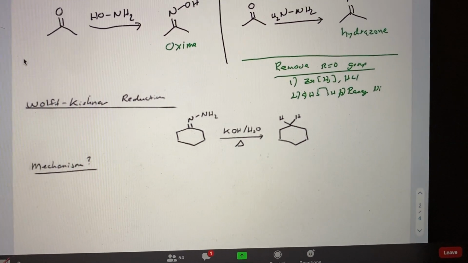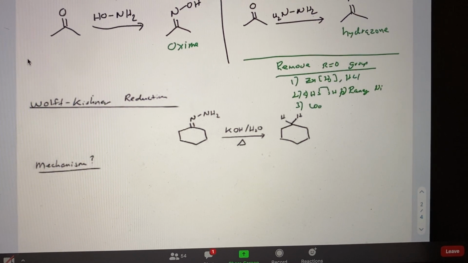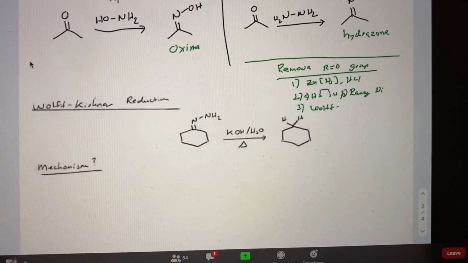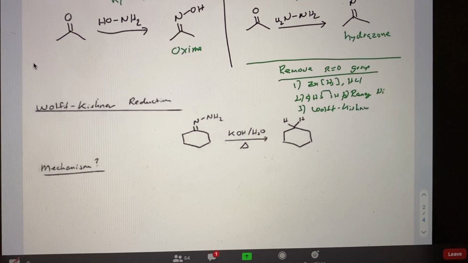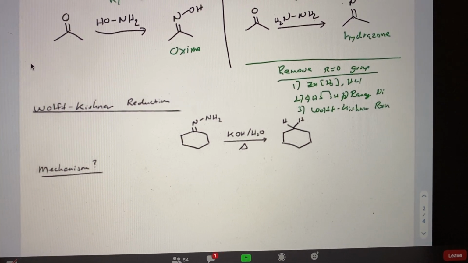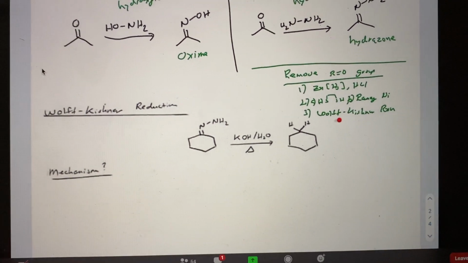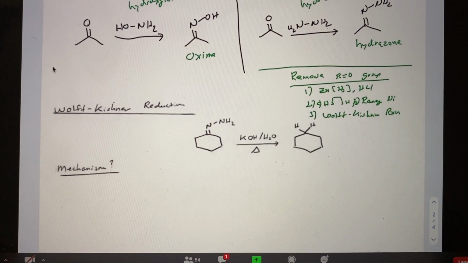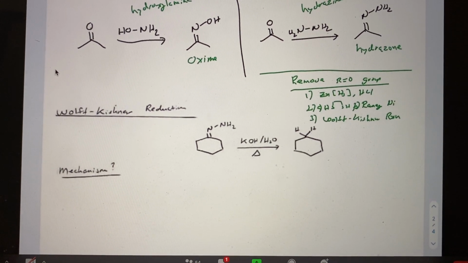And then we actually have method 3, which is known here as the Wolff-Kishner reaction, or Wolff-Kishner reduction. And I'll just put the name here because I didn't squeeze in all of the reagents. And this is a 2-step process to get rid of a carbonyl group.